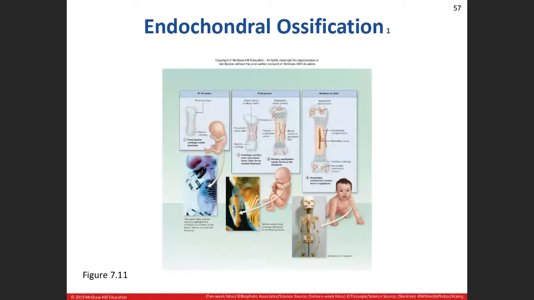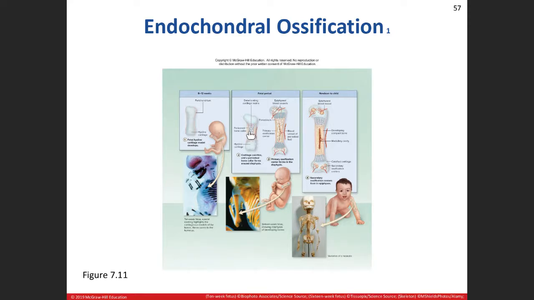So going here, just to repeat, we have our cartilage matrix with the dead chondrocytes inside that degenerate and leave these large holes. Blood vessel penetrates, osteoblasts and capillaries infiltrate the area, and they start to lay down the osteoid on top of the old cartilage matrix.